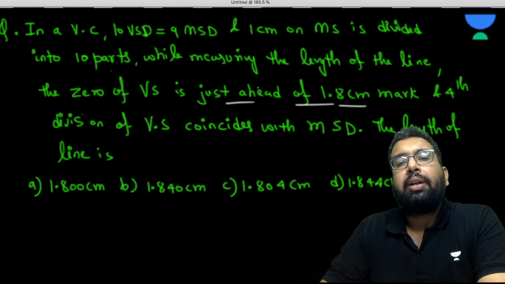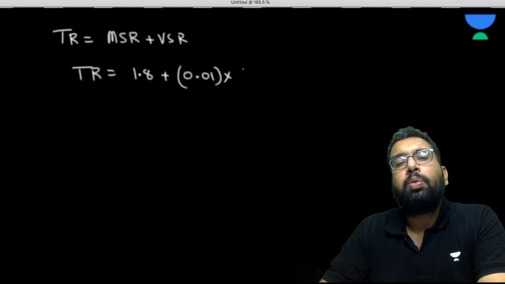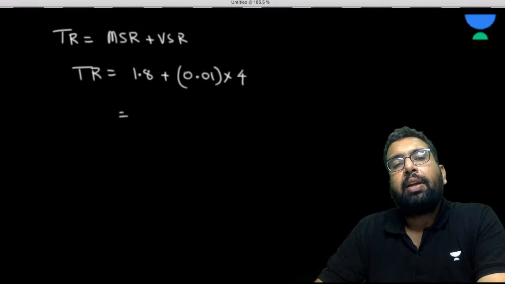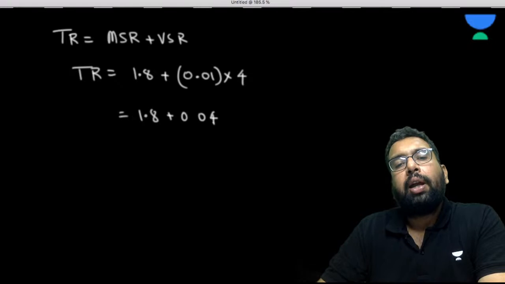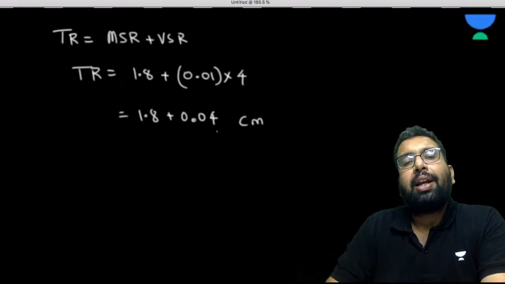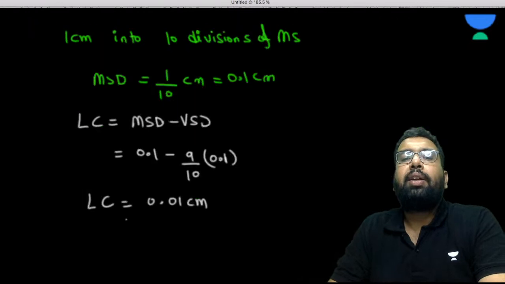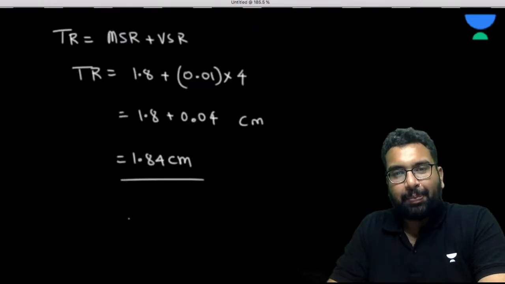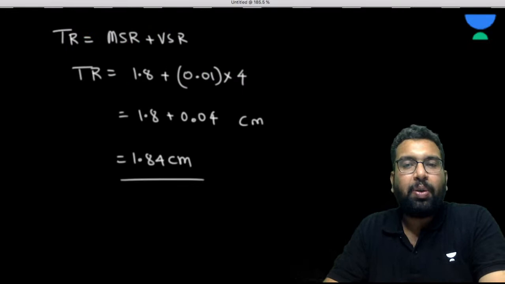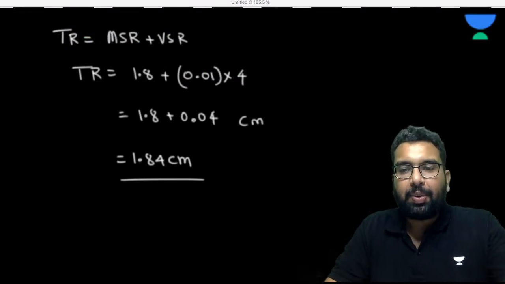The coinciding division is 4, so 0.01 into 4. So we are getting 1.8 plus 0.04, that is 1.84 centimeters. So the nearest answer is option B, that is 1.840 centimeter. I hope it is clear to everyone.